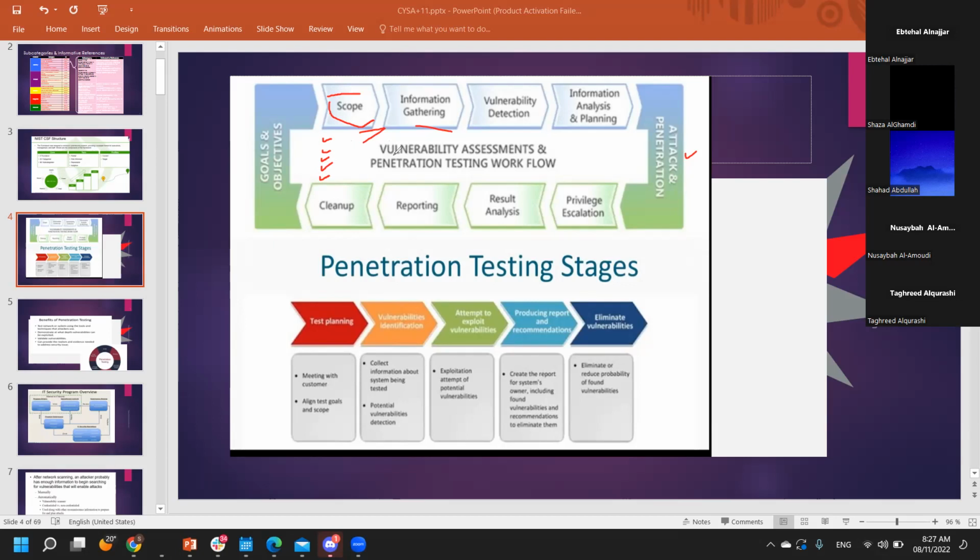There is also an active way to do information gathering, and that is by interacting with the server. If I have a server, and this is the attacker, or me as a defender, I will try to probe the server. Probing means I send some packets to this server to see how it responds.